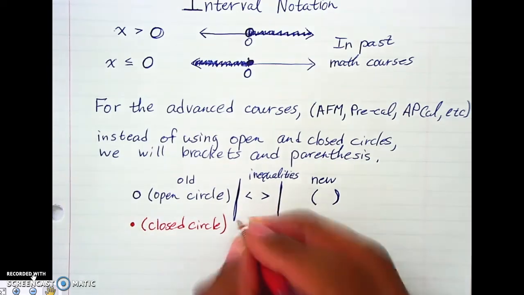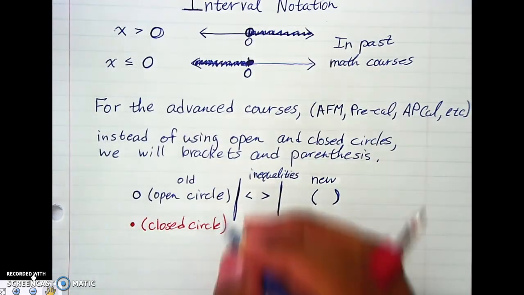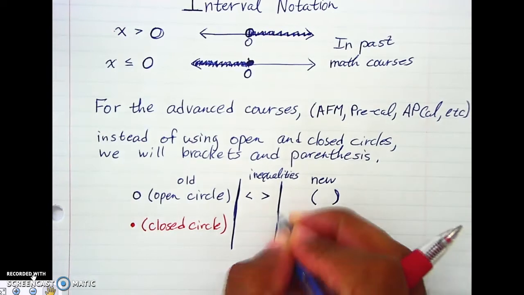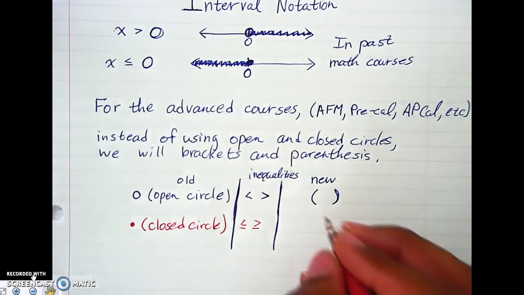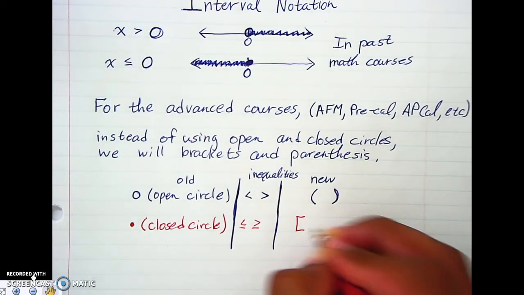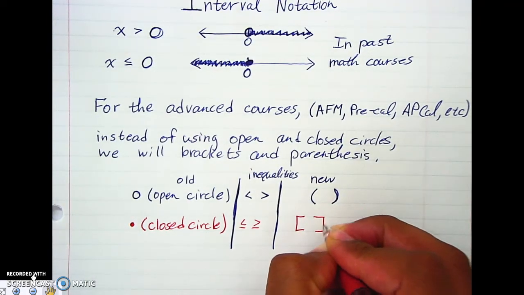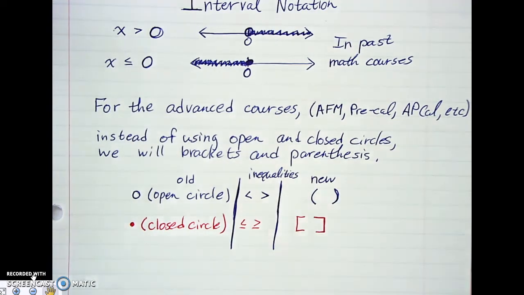And let's put this line down here so we can make a table. We know this was a less than or equal to or greater than or equal to, and thus we use brackets. So from now on, instead of using open and closed circles when it comes to interval notation or just graphing functions and everything, we're going to use open and close brackets, or parentheses. Brackets or parentheses. We're going to use either one of those.